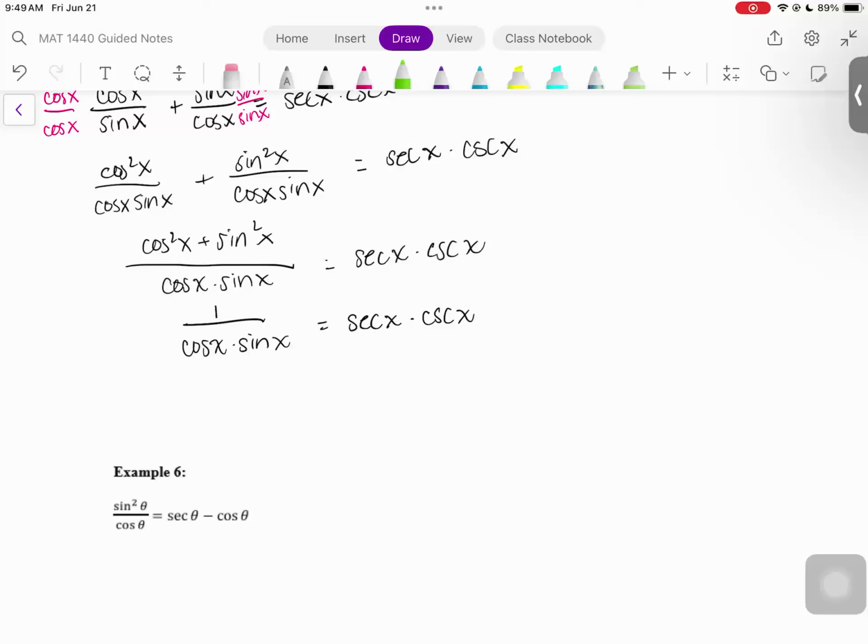Now, the 1 in my numerator on the left-hand side, I can multiply by another 1 just to see that I've got two fractions. 1 over cosine x is secant x. 1 over sine x is cosecant x.